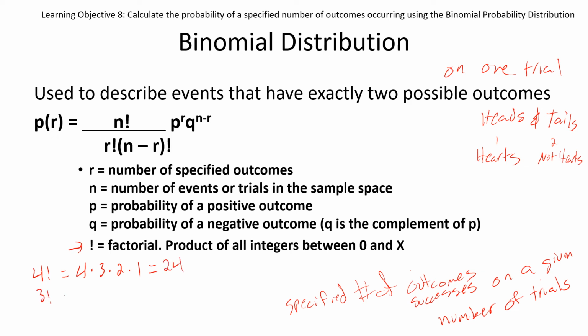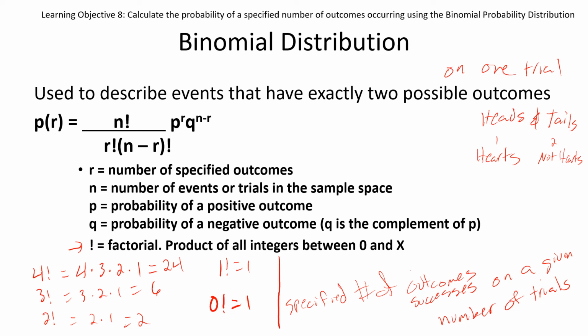3 factorial is equal to 3 times 2 times 1. So it's equal to 6. 2 factorial is equal to 2 times 1. So it's equal to 2. 1 factorial, pretty evident, it's equal to 1. A special case, so we're going to do a special case here. 0 factorial. This is important because if you don't do this special case, it'll mess it up. 0 factorial is also equal to 1. 1 factorial is equal to 1 and 0 factorial is equal to 1.